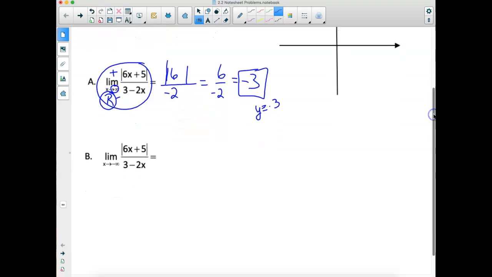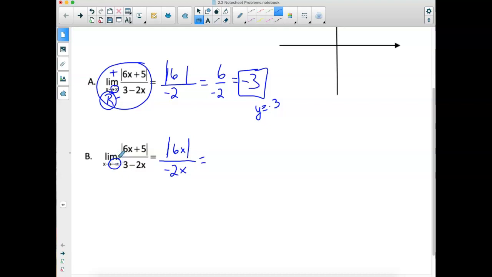Well, let's take a little gander at the left side here, okay? Again, I'm going to do that little power thing. So in the end, it's going to be 6x, make those bigger, over -2x. But what I need to think about here is my sign now, okay? I'm plugging in negative infinity.